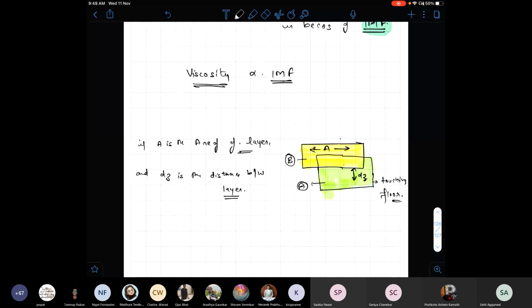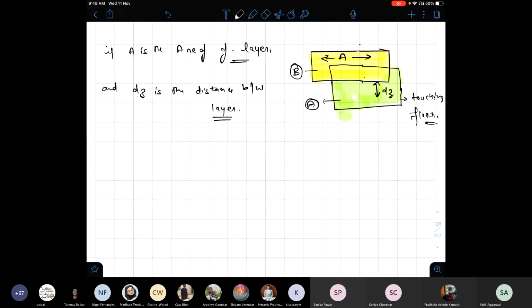I should say the more the surface area, the more will be the friction. So more is the viscosity, and it is inversely proportional to the distance between the two layers.